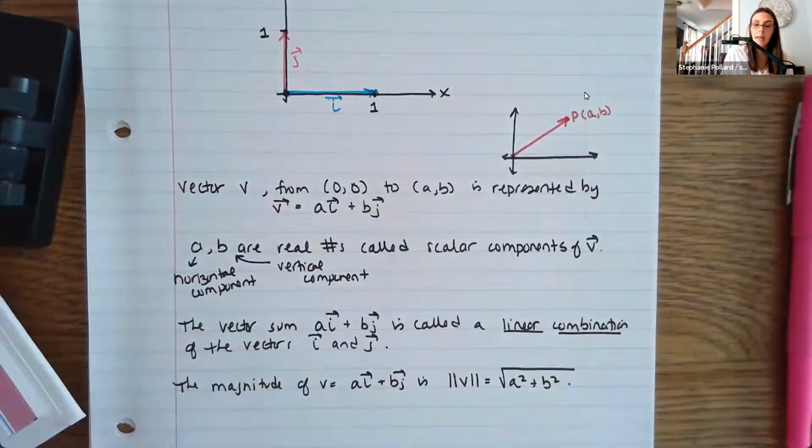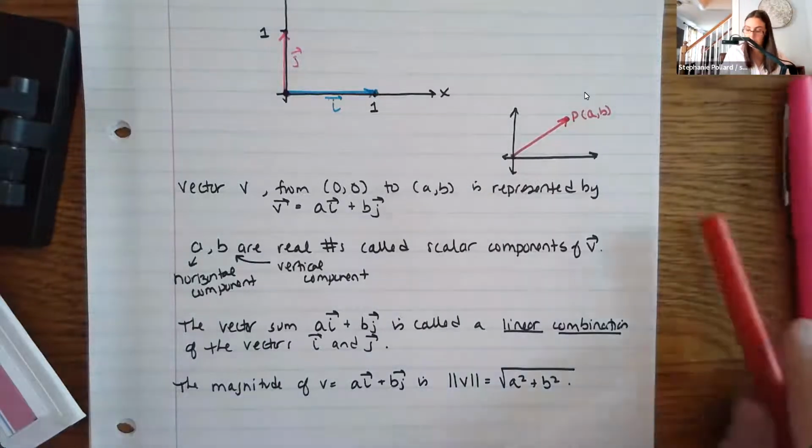And we can also find the magnitude of these vectors, and the formula is the square root of a squared plus b squared. So it's still using the distance formula, but because one of your points is the origin, it simplifies. So we have our vector here.